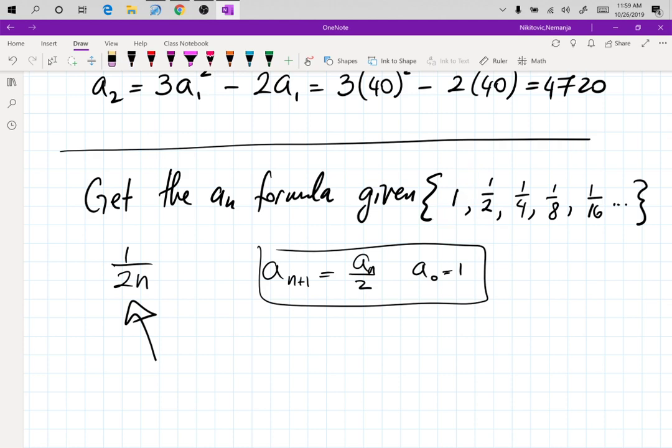Aha. Okay. So this works, but let's see what is the explicit form rather than recursion. Any ideas? 1 over n. Wait a second. 1 over n would be, you're missing a 3 already. Oh, yeah.